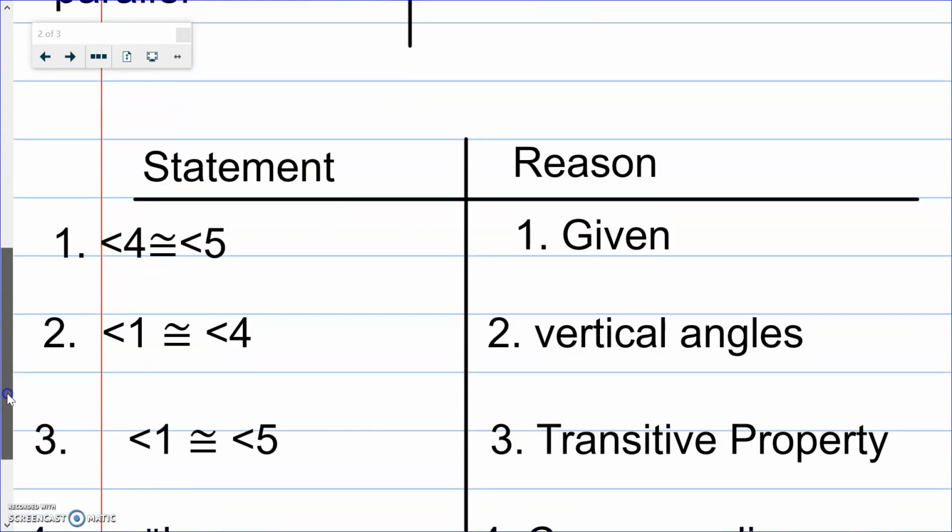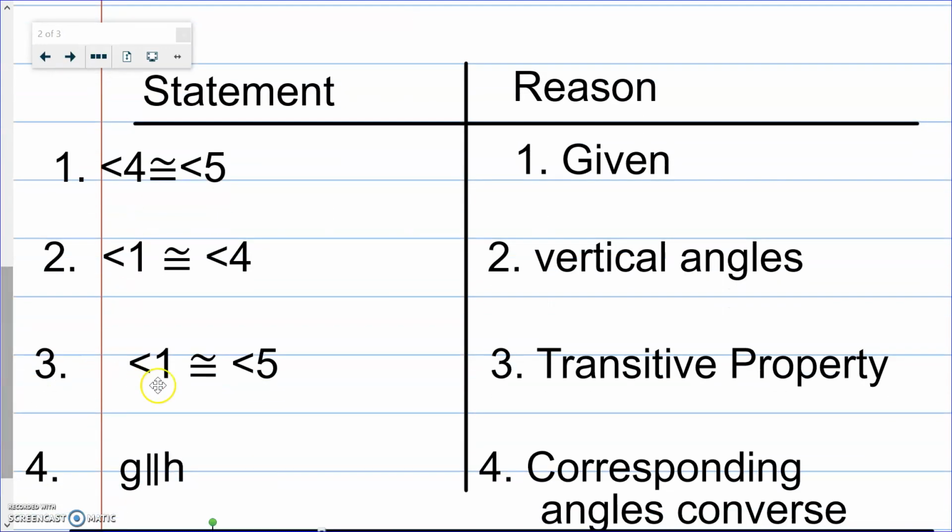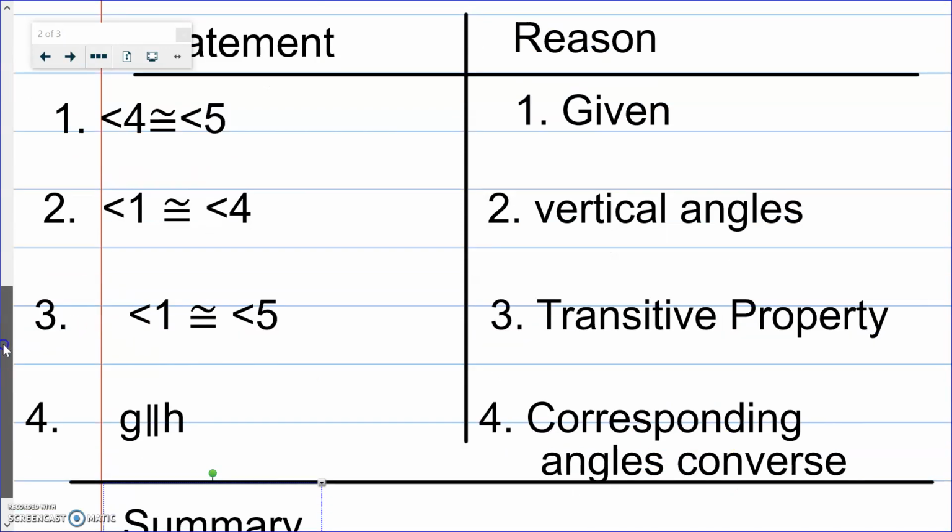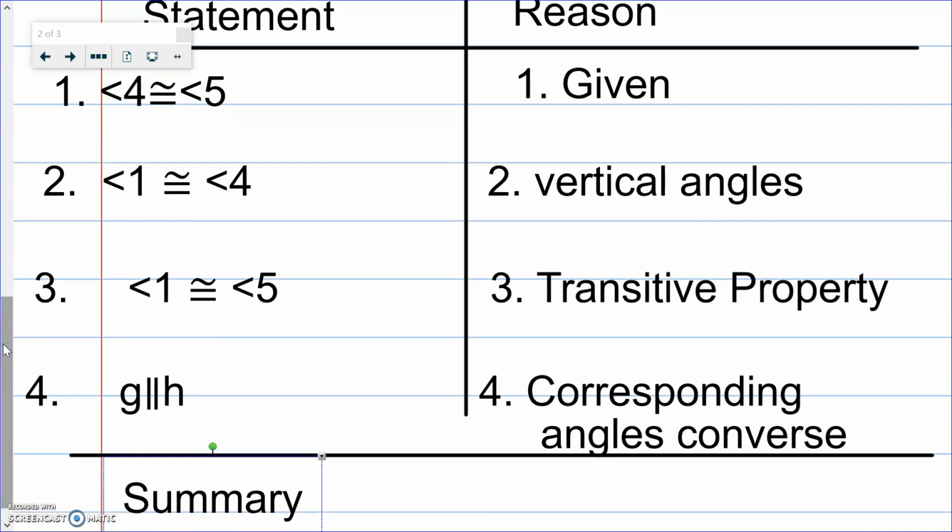Since those two are corresponding angles, we can say that line G is parallel to line H because of the corresponding angles converse, which says if we have two lines cut by a transversal and the corresponding angles are congruent, the two lines must be parallel.